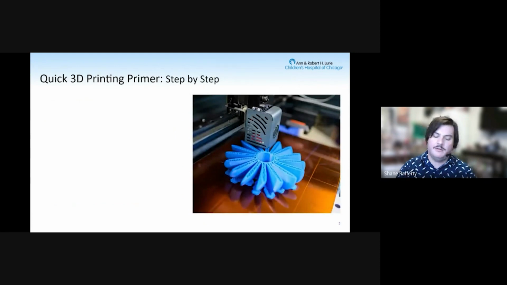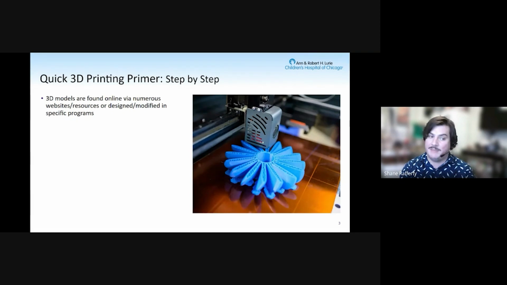So even though this isn't about what 3D printing is, I figured I'd give a quick step-by-step for people that aren't super familiar with it. Pretty much, you either find 3D models online or from numerous resources, or if you're savvy enough and want to commit a lot of time, you design or modify something yourself.